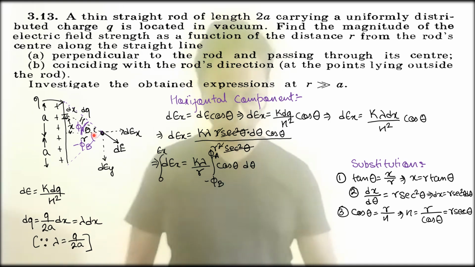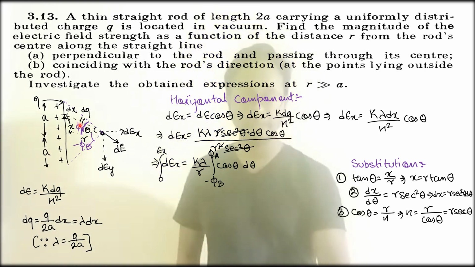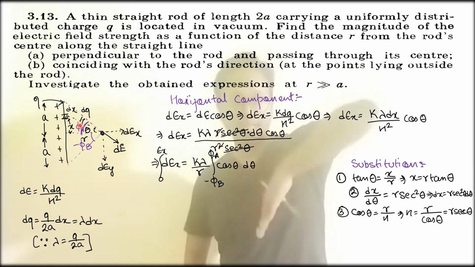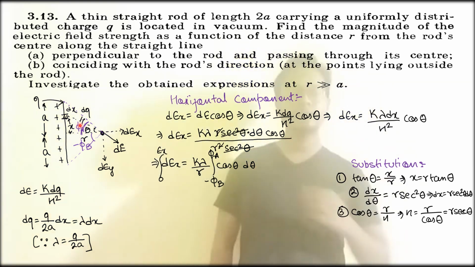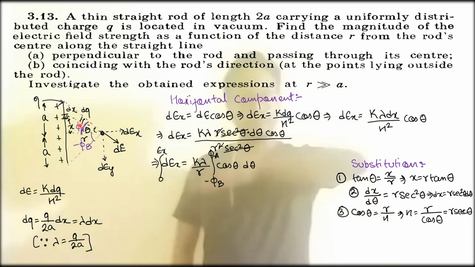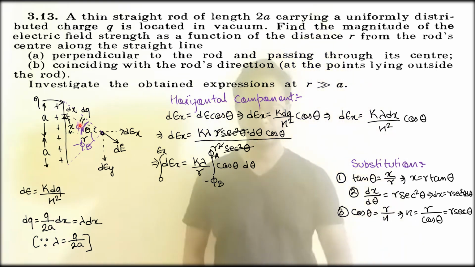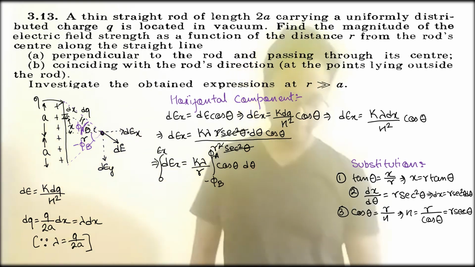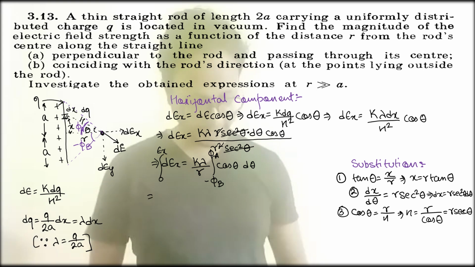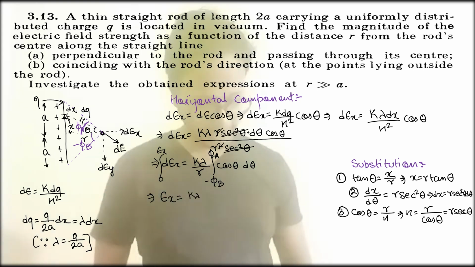Whatever is taken downward should be taken as negative, and whatever is taken upward should be taken as positive. So this phi a should be taken as positive, and this phi b should be taken as negative. Fair and fine. So if you integrate this one, the x component of electric field is equal to k lambda by r.